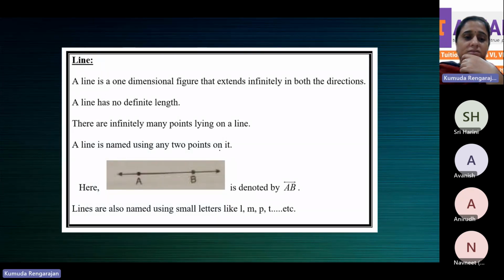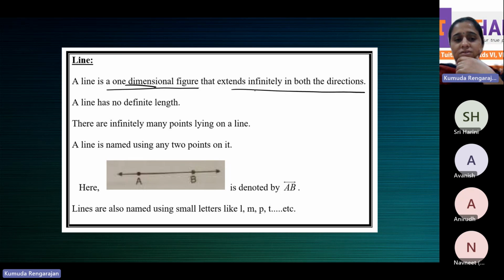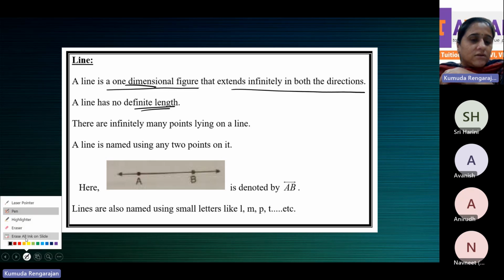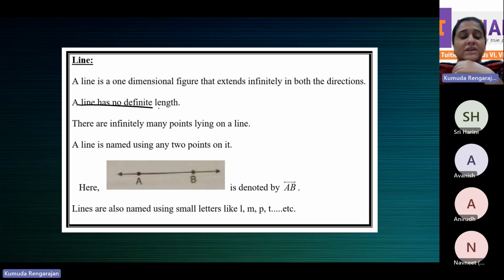Now, next is the line. A line is a one-dimensional figure, and it extends indefinitely on both the sides. We know that. A line has no definite length. These are some features of a line.